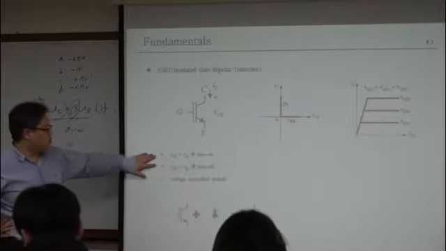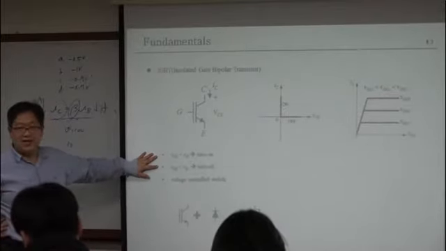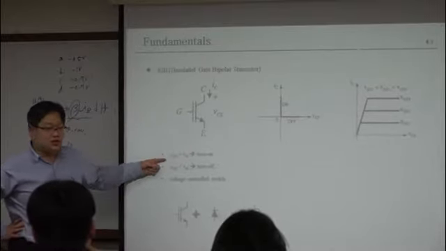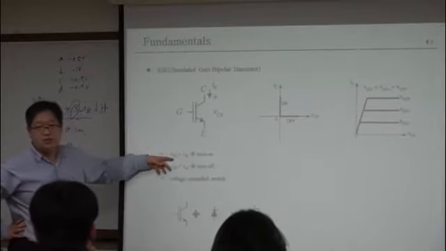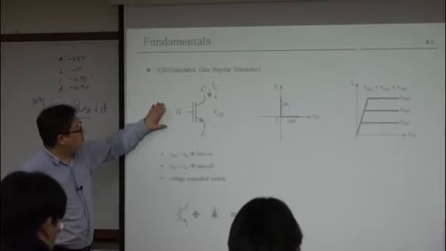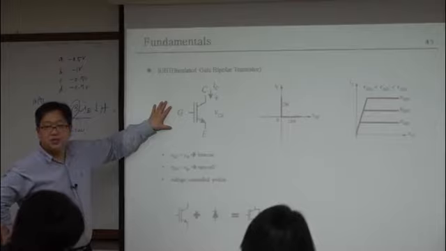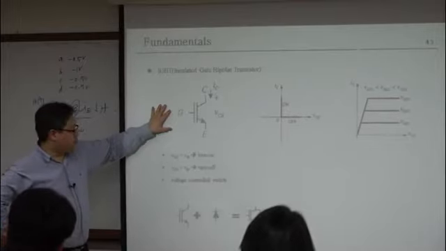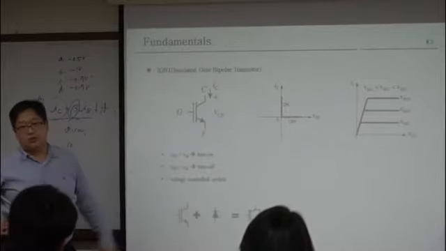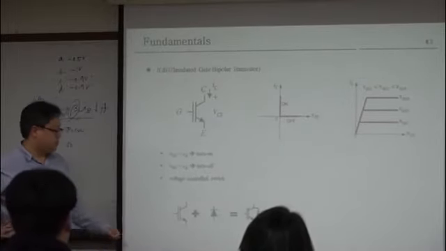So the turn-on condition is similar to the MOSFET. Your VGS, in fact VGE, gate to emitter voltage should be larger than a threshold voltage. Then your MOSFET, I mean the IGBT, can be turned on. If your voltage is less than the threshold, the IGBT is turned off.